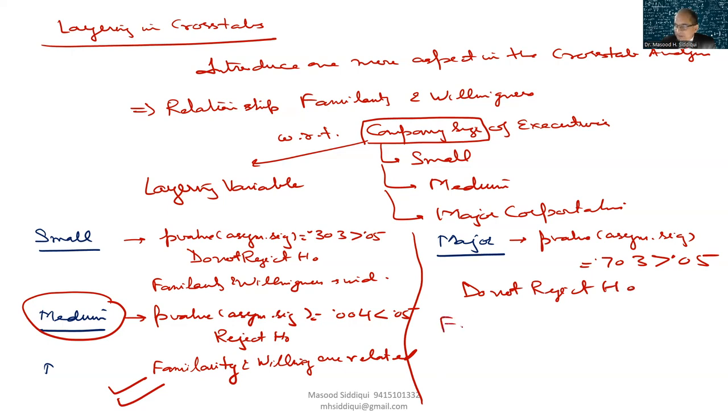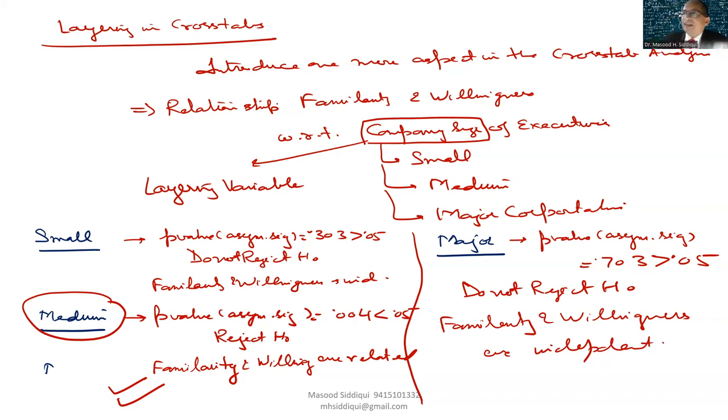It means familiarity and willingness are independent. Okay, meaning there is no relationship.